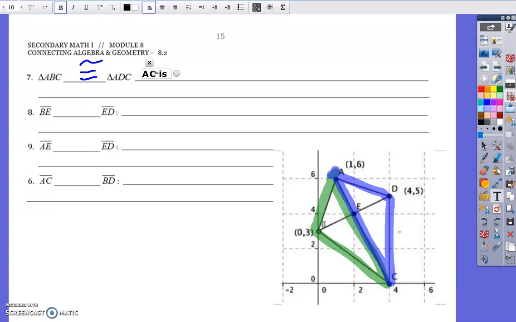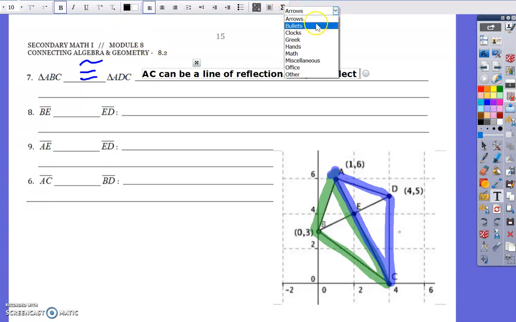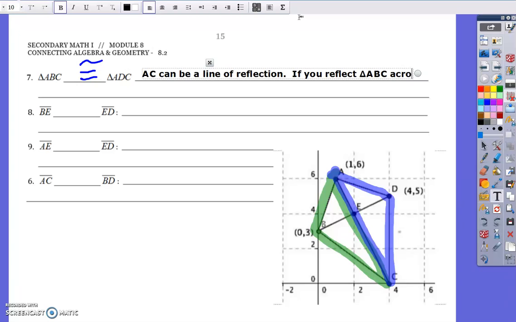AC, and that should have a line on top, can be a line of reflection if you reflect triangle, I'm going to put a symbol in here, triangle ABC across this line, you get triangle ADC.